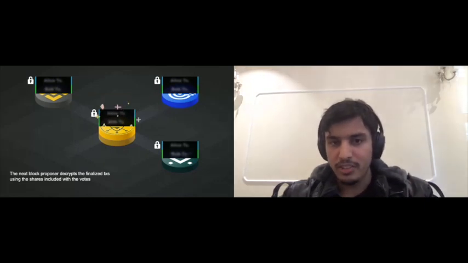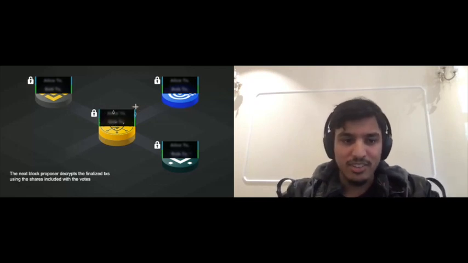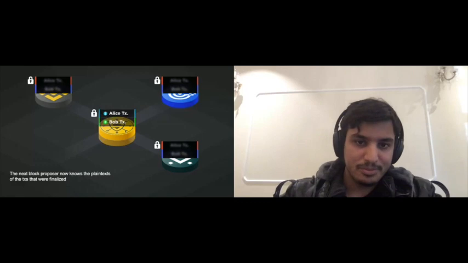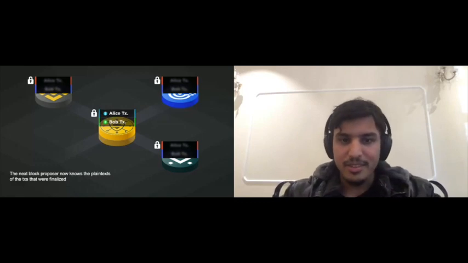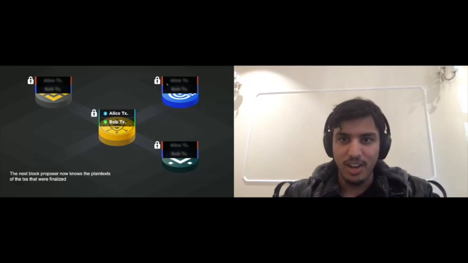The important thing is that since I had the votes on this block, we know it was finalized. So I can decrypt these transactions, and I, as the next block proposer, can see the transaction plain text.